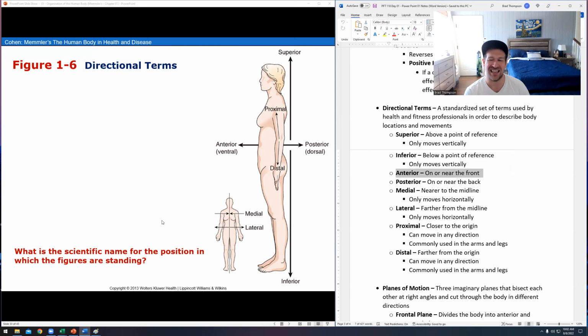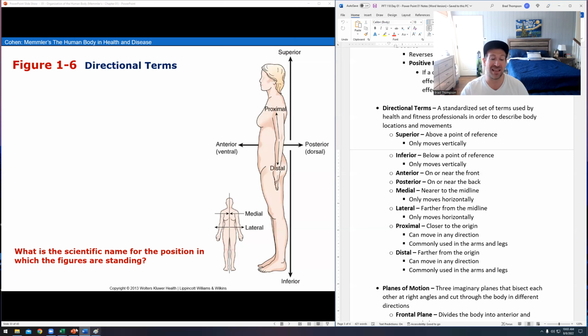My face is on the anterior part of my skull, and the back of my head is on the posterior part. My chest is anterior, my upper back is posterior. My kneecap is anterior, the back of my knee is posterior.